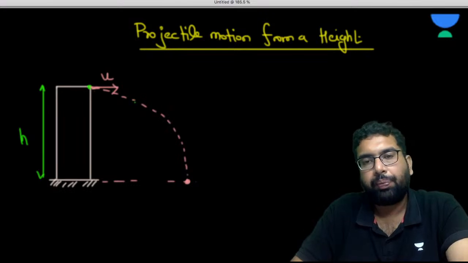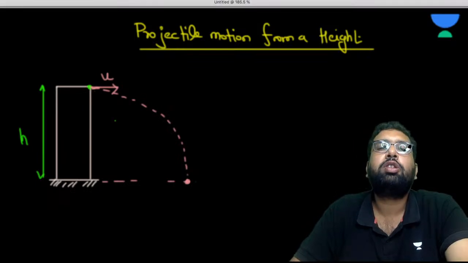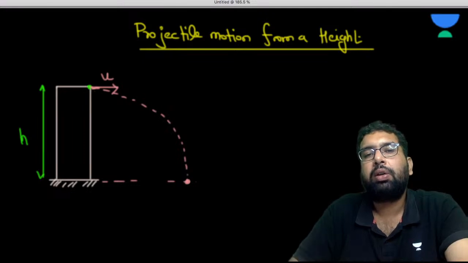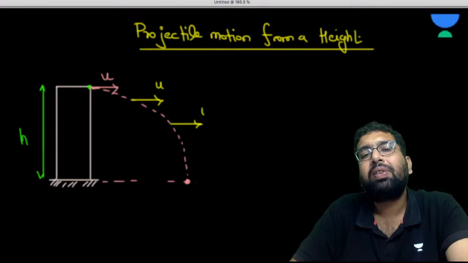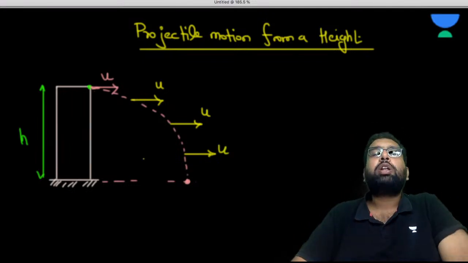We understand that in the x direction there is no acceleration. When there is no acceleration in the x direction, will there be any change in the velocity in the x direction? No, there will be no change in the velocity in the x direction, similar to ground to ground projectile motion.